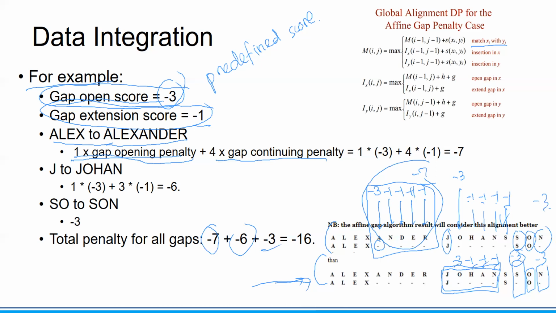Sorry, because we have the SO and we are dealing with the SON. Oh, wait a moment. I guess something is wrong in the Johansson. So we have the S. We have one more here, but I didn't calculate it here.